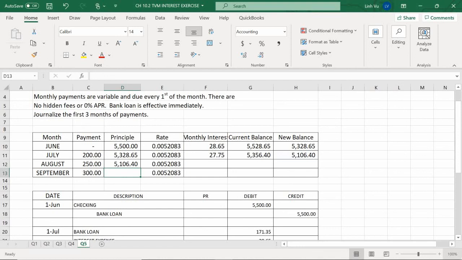So let's figure out how much interest I'm going to collect for September. So in this case, I'm still going to multiply those two numbers together, and I should get $26.60. So notice this. Every time I make a payment, if I pay more than the minimum, I'm going to obviously get a lesser interest collected, right?